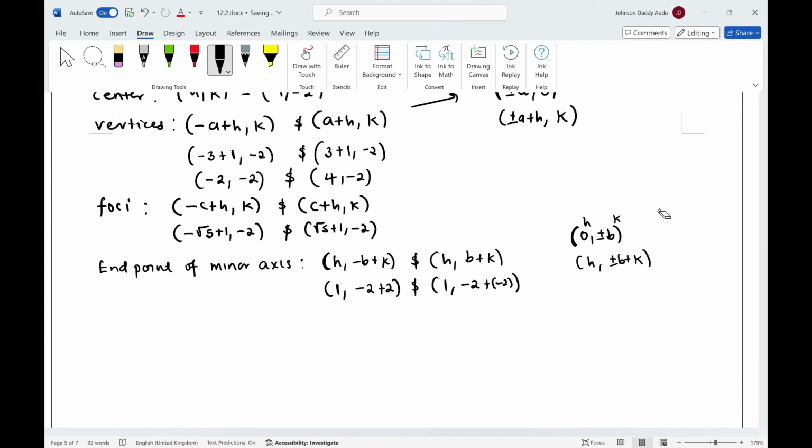So this is the one that will be minus 4. And the other is plus 2 plus minus 2. So this will just give us 1 and minus 4, and then 1 and 0.